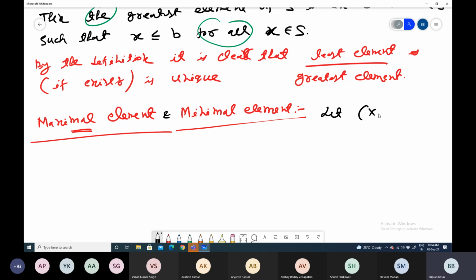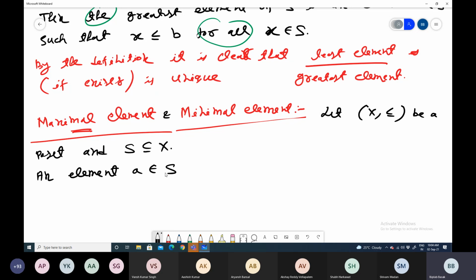Let X with this relation be a poset and S a subset of X. Then an element A belongs to S is said to be a minimal element. Why are we writing A here? Because the minimal element may not be unique.